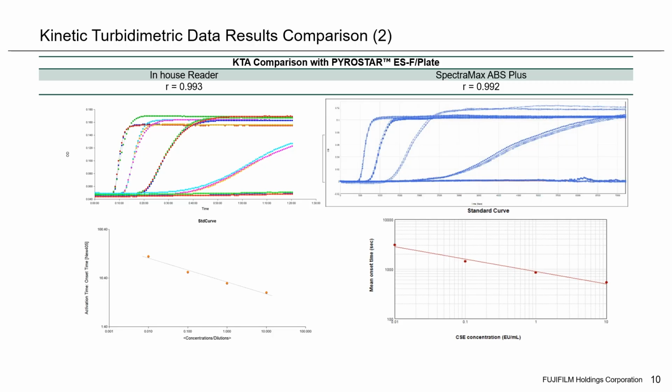But one thing I do notice, and it may be hard to see on the screen, is that the SpectraMax ABS Plus reader is showing a different value for the optical density of the final reaction that takes place. That's perfectly fine. Once again, we have no specified values for that. But what that does mean is that that measure of optical density is relative. It is unique to each of the readers.